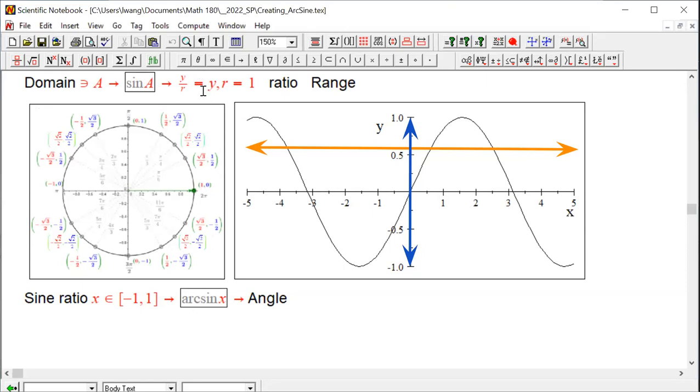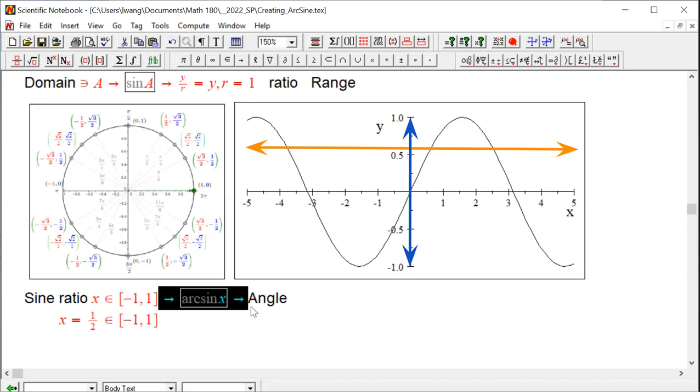Let's take an example ratio. This ratio, we're gonna take half. Ratio half certainly is in that interval, right?